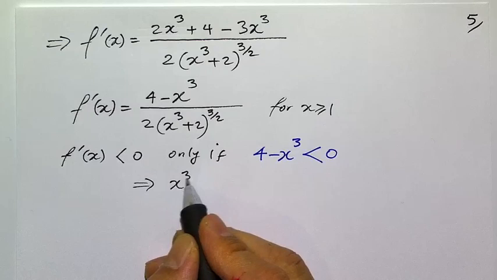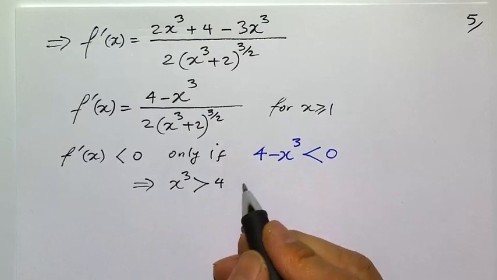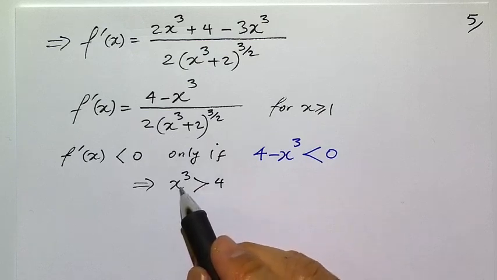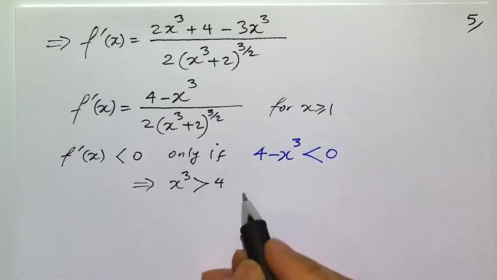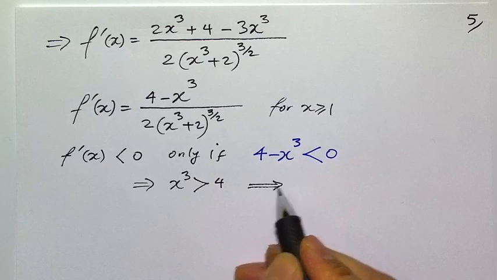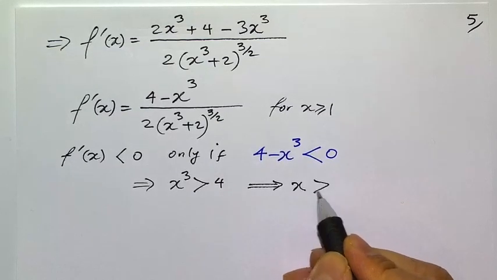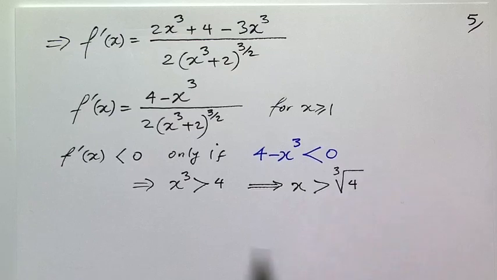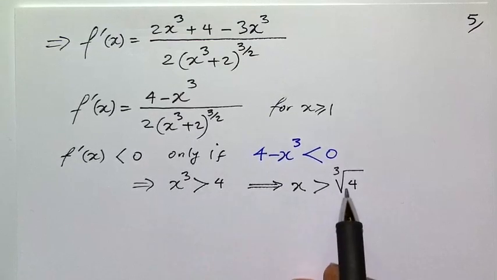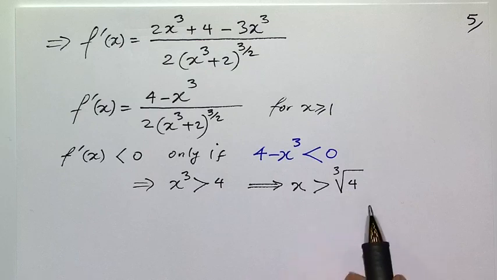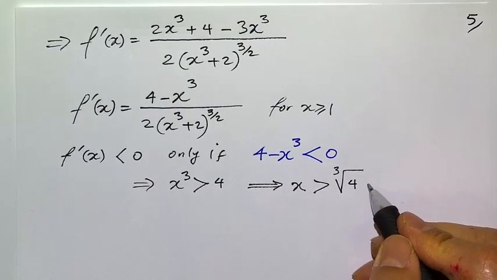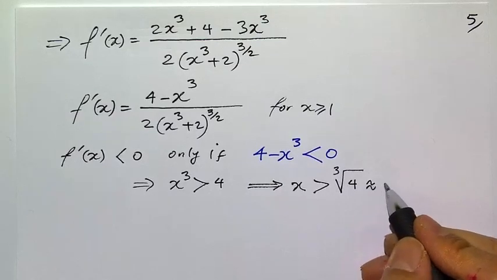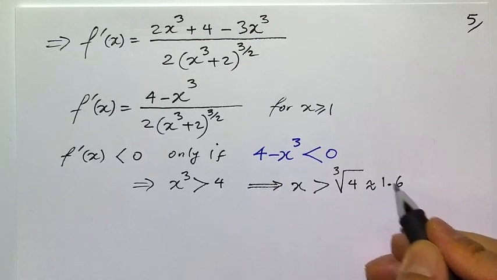So let's solve for x using this. So we have x cubed greater than 4, and therefore take the third root of both sides. So we will have x greater than third root of 4, right? And by the way, let me approximate this. Third root of 4 is roughly 1.6.